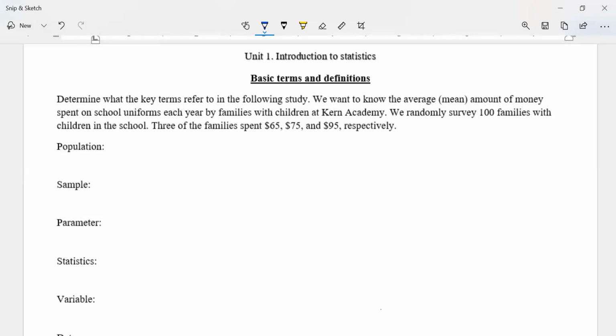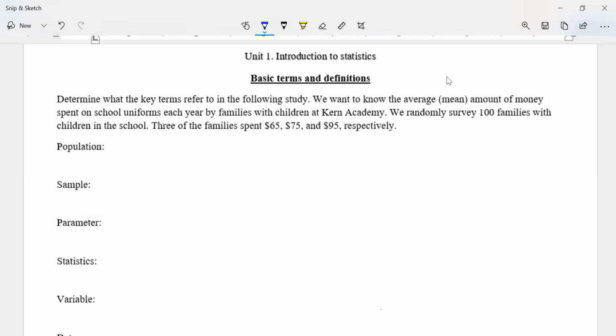Now the variable, you guys learned in algebra. Variable is what changes, right? It was usually an X you guys saw for a variable. Now here in statistics, variable means the characteristic of interest for each person or object in the population. Mr. Leonzo, that's mumbo jumbo. What would I write here? Okay, what do you think varies? What's changing? I know in algebra we said X equals because variable was a letter.